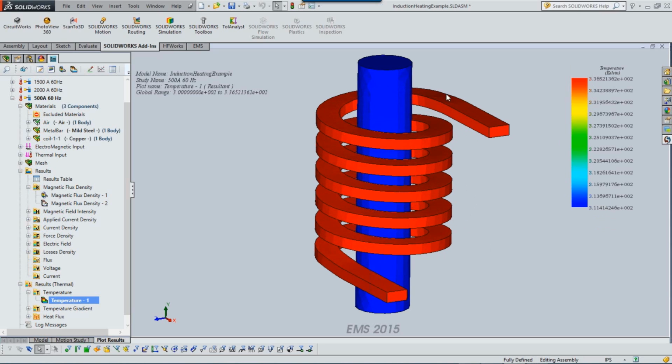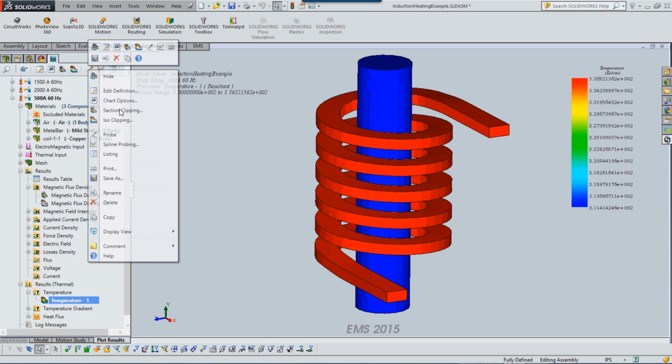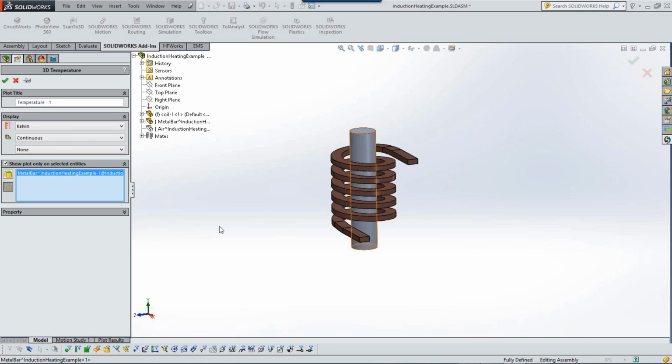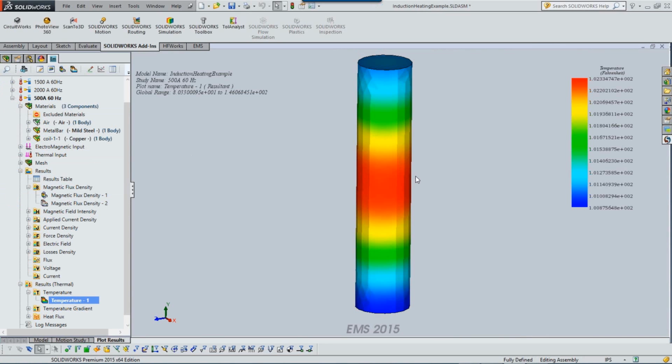Now we know that the coil is going to get hot because you're going to send some current through it. But to be able to understand how hot the bar gets, one can actually isolate. So here I choose to plot only on my bar. And then let me pick a scale that is more familiar, maybe Fahrenheit or Celsius here.